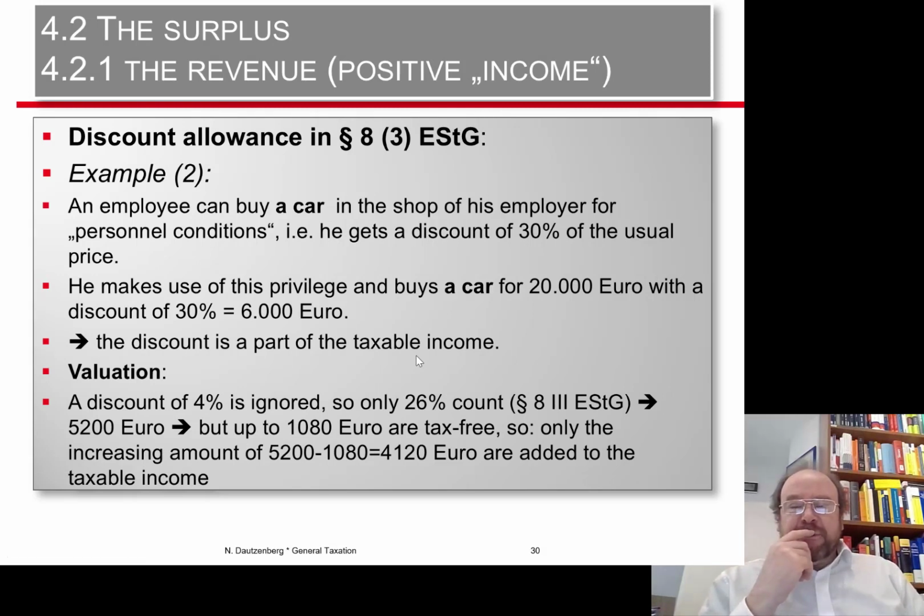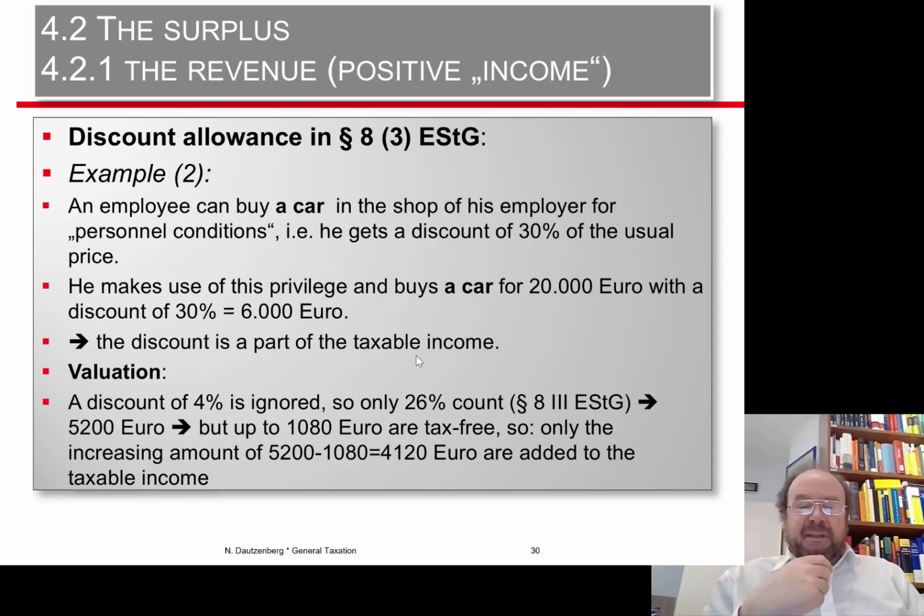So if you buy a car for 20,000 euro with a discount of 30%, that would be 6,000 euro taxable income. Now 4% discount would be ignored. That would be 800 euro, 4%. That would be regarded as a discount which every clever person could negotiate with a certain market force or negotiating power or ability.